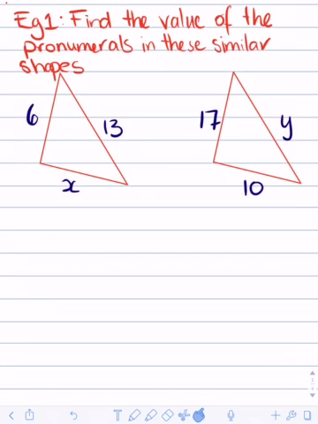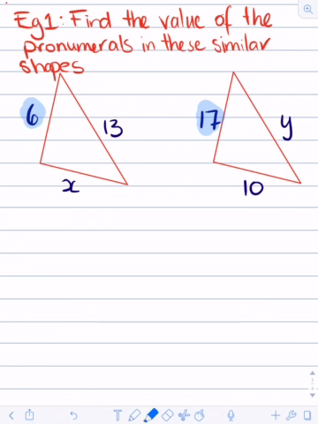So let's have a look at our sides here, for example. What sides here are matching? What two sides do I have? I have the 6 and I have the 17. They're the matching sides, so I can use them in order to do a cross multiplication. You can also solve similar shapes using enlargement factors or ratios and reduction factors or ratios.